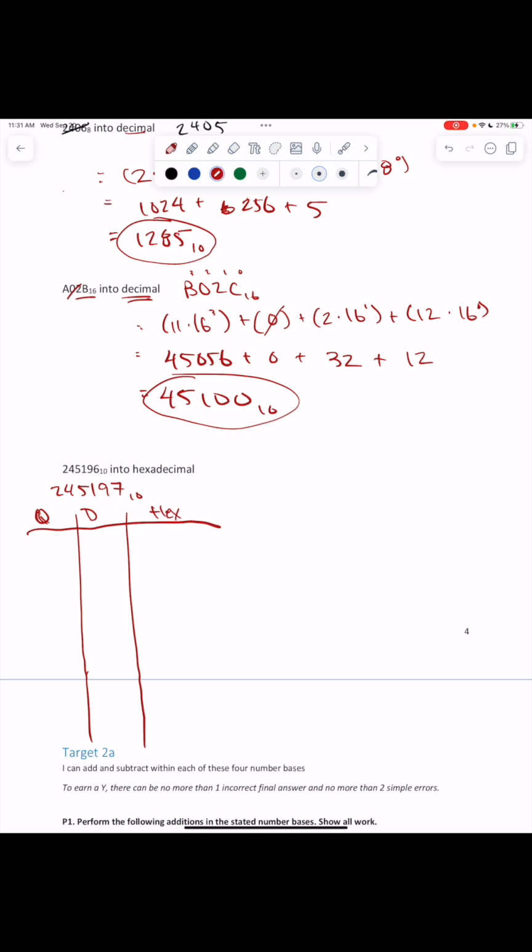And so let's convert 245197 divided by 16. 245197 divided by 16 is 15324.